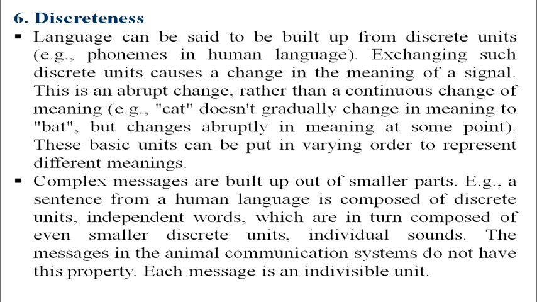For example, if you take a word in English, cat, and you replace the first sound ka with ba, it means bat. This change is abrupt. The meaning change is abrupt at some point. It is not continuous. So, we mean by discreteness that human speech, human language can be segmented. We can break it up into smaller categories.